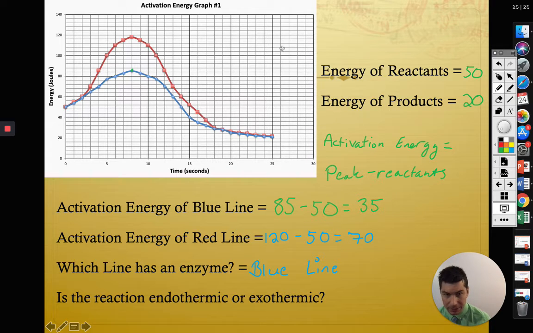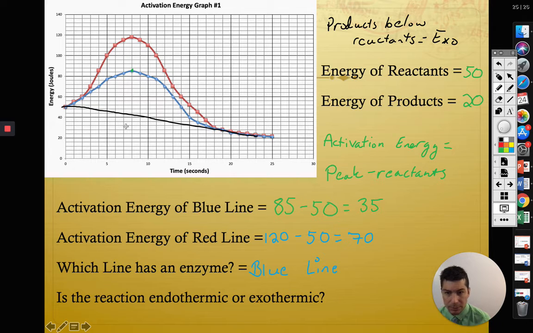If the products are below the reactants, like they are here, it is exothermic. In other words, if we drew a line from our reactants to our products, you see how the line goes down like that? That means it's exo. So this last one is going to be exothermic.